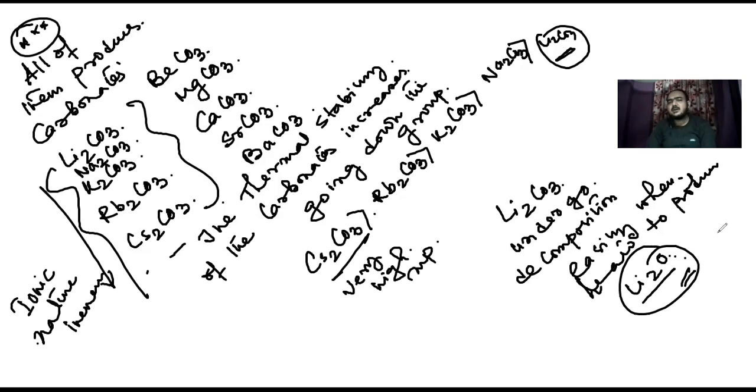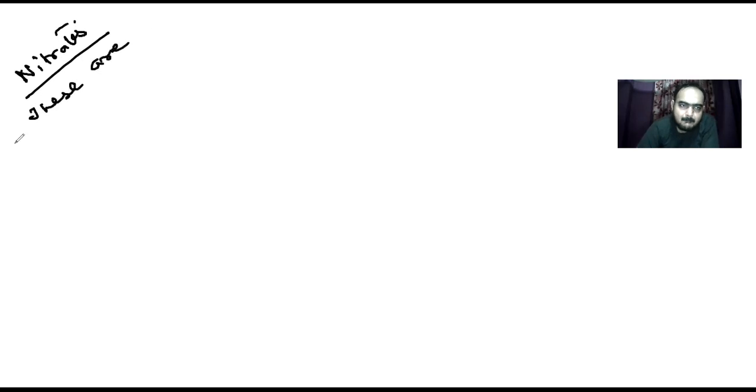For this reason, while going from top to bottom, the ionic nature increases. You can also apply it to the nitrates, though the nitrates are highly soluble in nature.